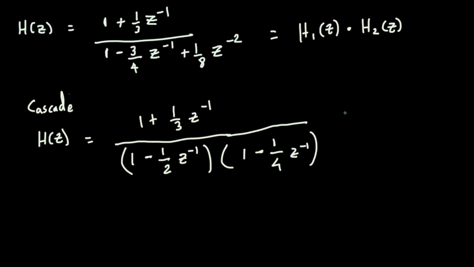So the next thing is, we have to get the H1 of z and H2 of z terms. To get H1 of z, we can keep the numerator as it is, 1 plus 1 over 3 z power minus 1, over the first factor, that is 1 minus 1 over 2 z power minus 1.